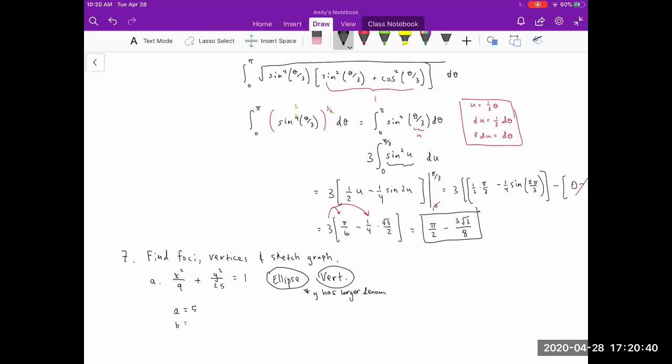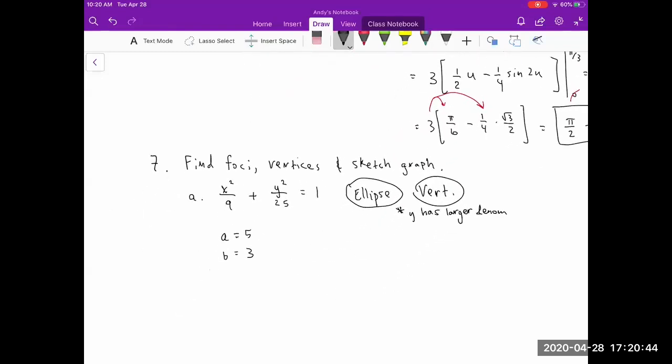B is then equal to the square root of 9, which is 3. And if we wanted to find C, remember that C squared is equal to A squared minus B squared. So C squared is then equal to 25 minus 9, which is 16. So that means C is equal to 4.